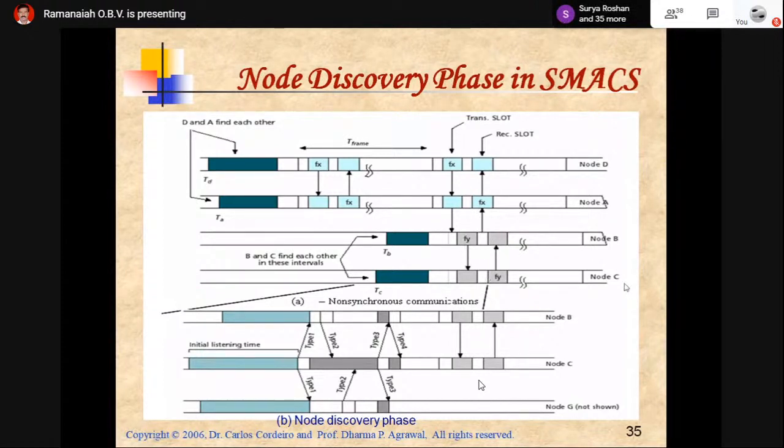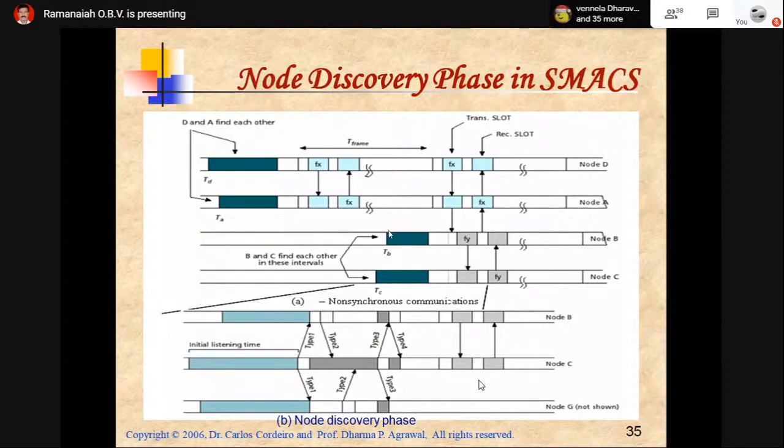So then B and C, it is straightforward. The only thing you should understand is how A and B use different frequencies for transmission. So this is how the communication takes place.